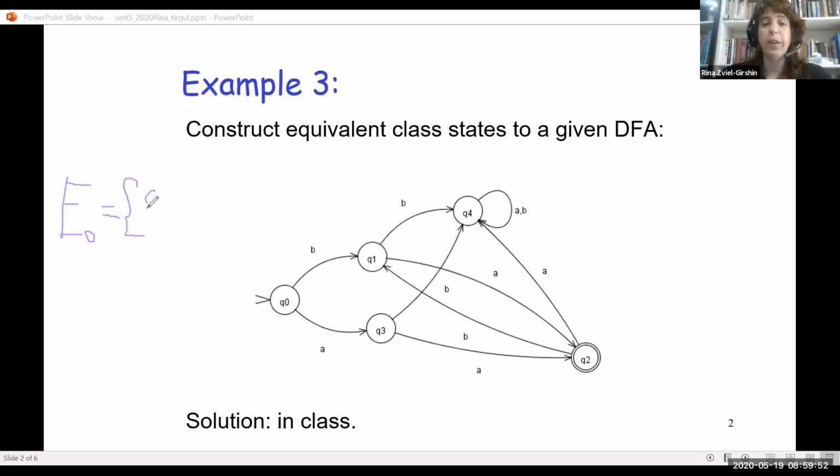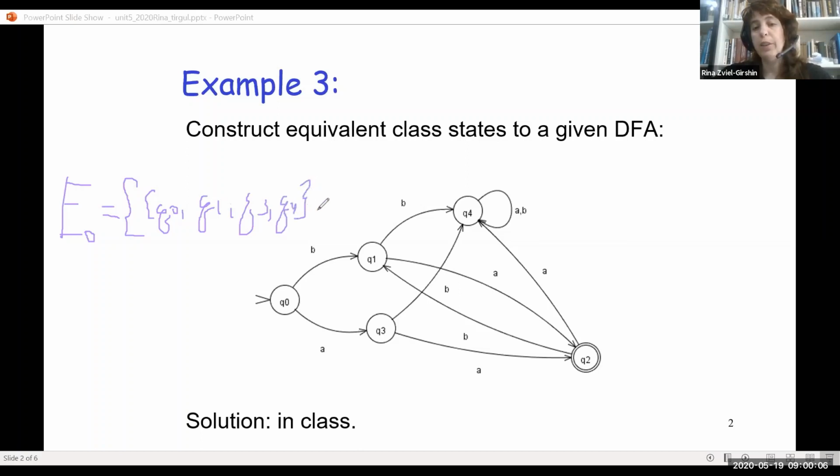So I will have here Q0, Q1, Q3, Q4, rejecting states, and I have an additional equivalence set with Q2. And this will be the first step of building equivalence classes.